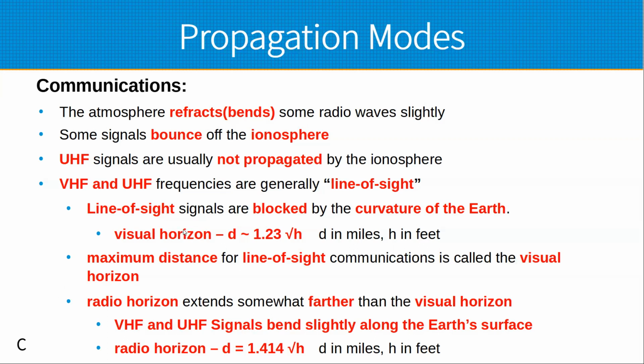Now, because there is some refraction of VHF, they come up with a fudge factor, and they use 4/3 of the Earth's radius in the equation. And it comes out to be the square root of 2 times the height in feet. So it's 1.414 times the square root of h.